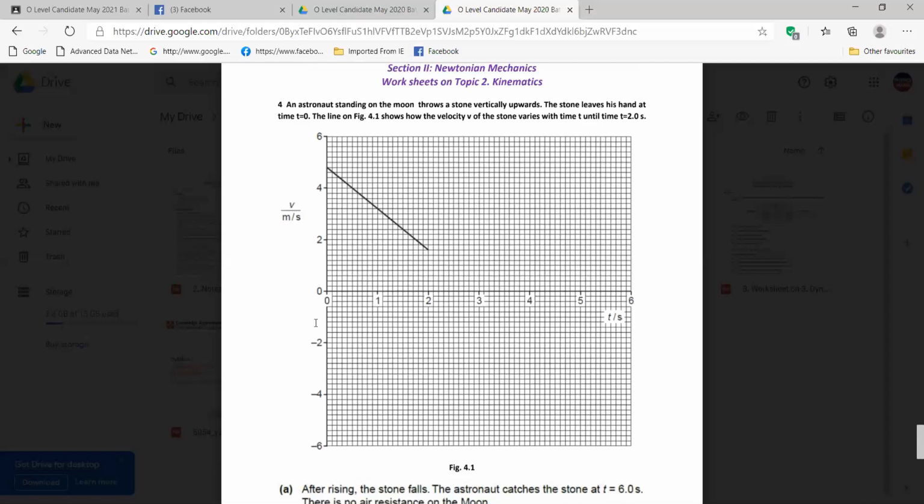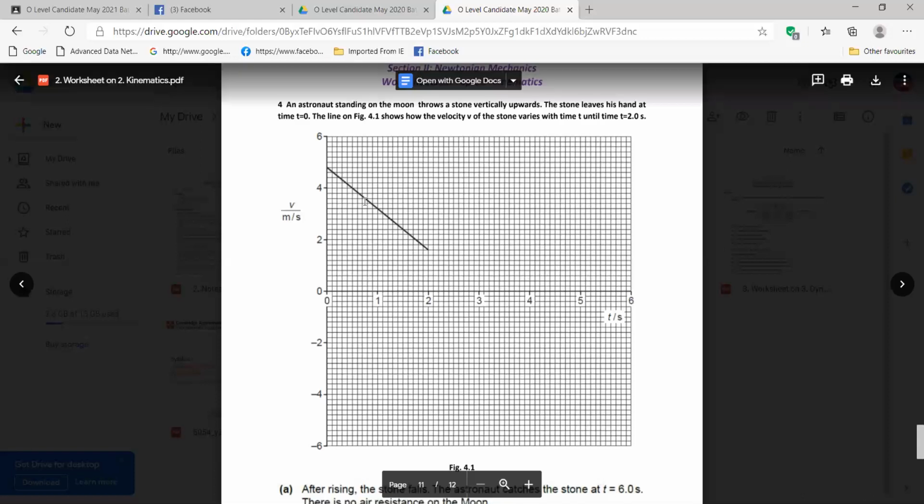It will reach the highest point, or maximum height, then it will stop. As it is thrown upwards, it will work against gravity, right? So the velocity will decrease. The decrease in velocity per unit time is deceleration. That's why we are getting this curve, with a negative gradient.